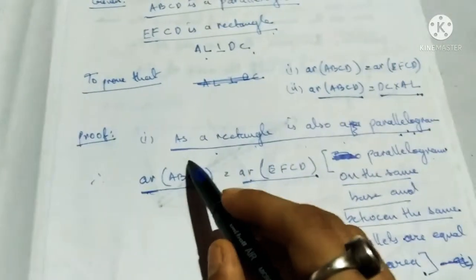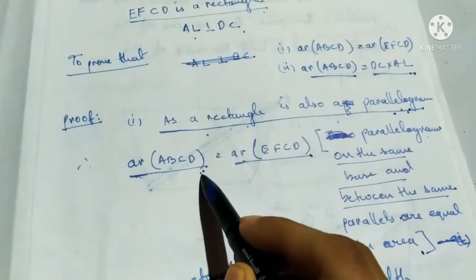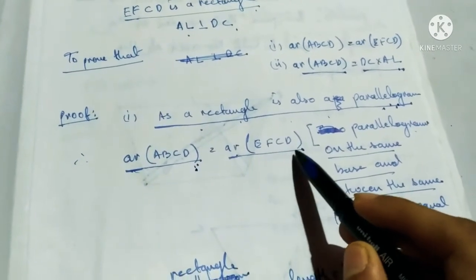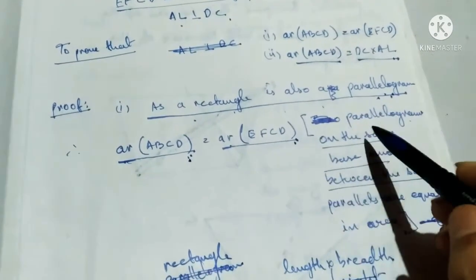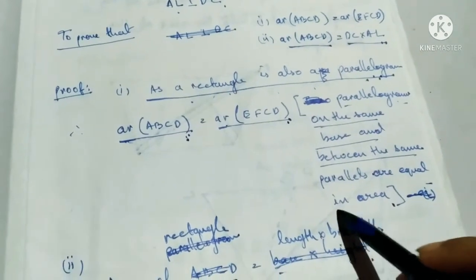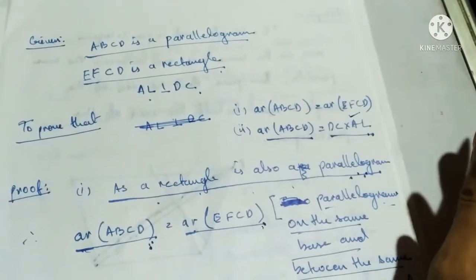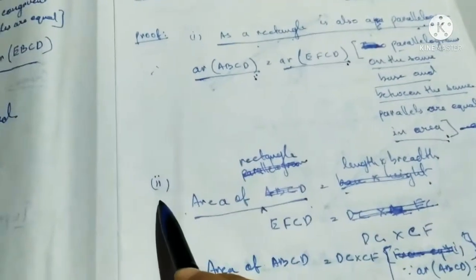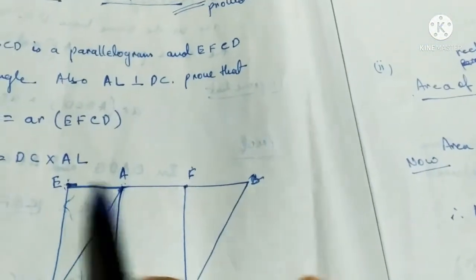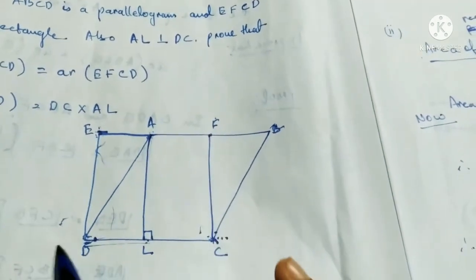As a rectangle is also a parallelogram, area of ABCD will be equal to area of EFCD, since parallelograms on the same base and between the same parallels are equal in area. This is our first one, it is proved. Next one, you see area of rectangle EFCD.